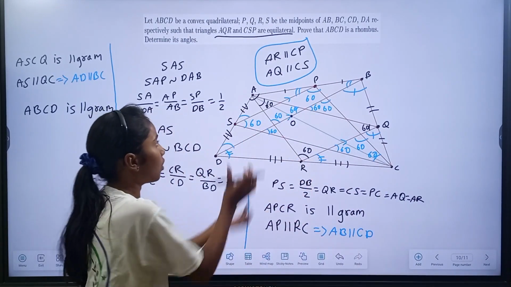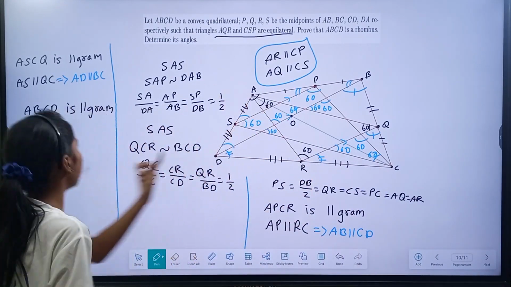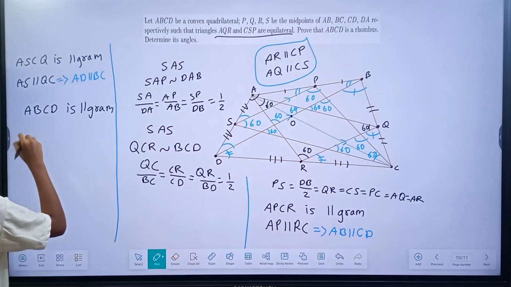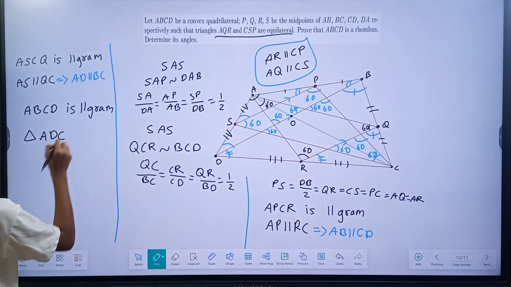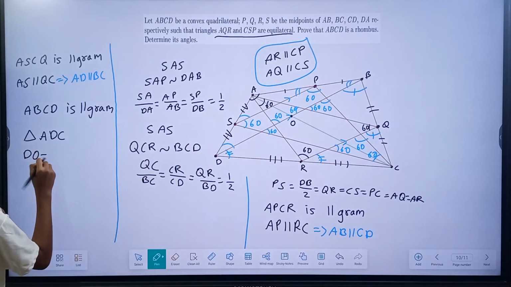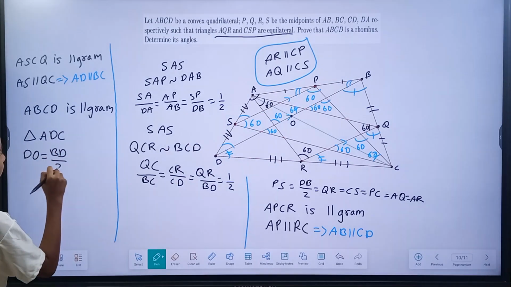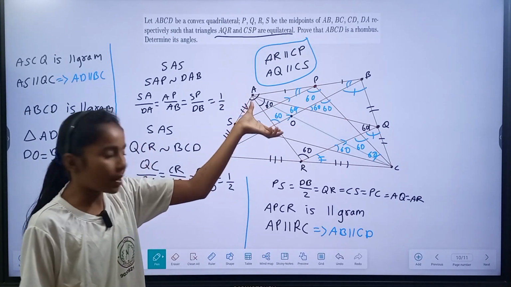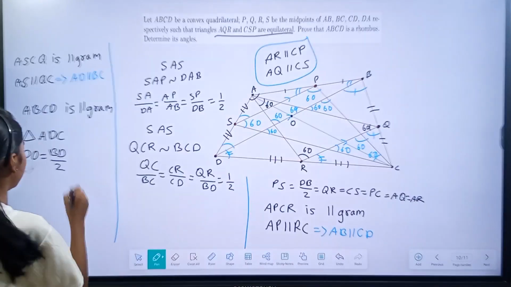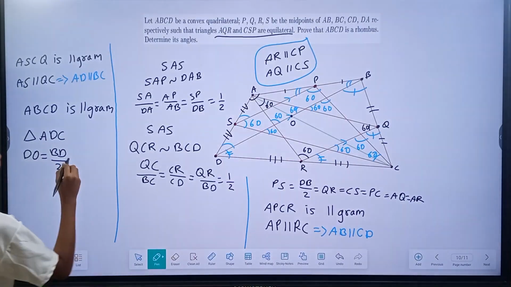O is the midpoint of AC. In triangle ADC we have DO equal to BD divided by 2, and O is the midpoint of AC, so DO is a median of the triangle ADC.